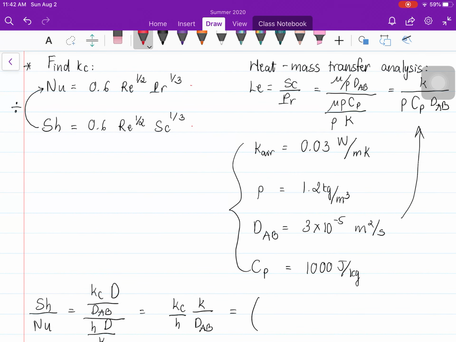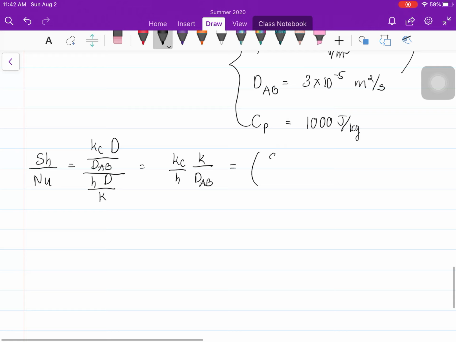If you take this divided by this, these would be cancelled out. So what's left is Schmidt number divided by Prandtl number altogether to the negative 1/3, and this is equal to Lewis number to the 1/3.